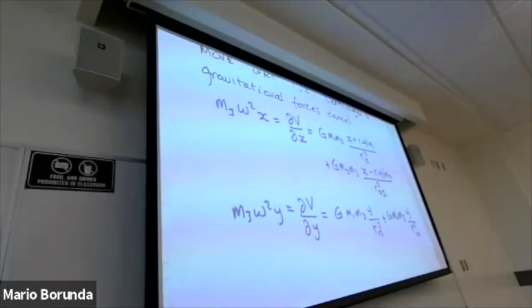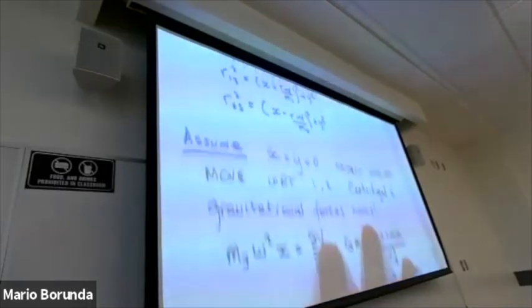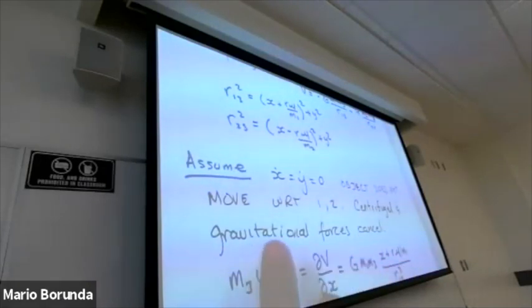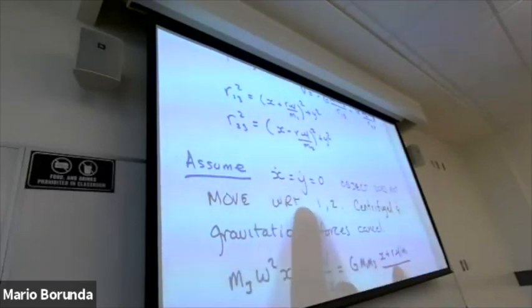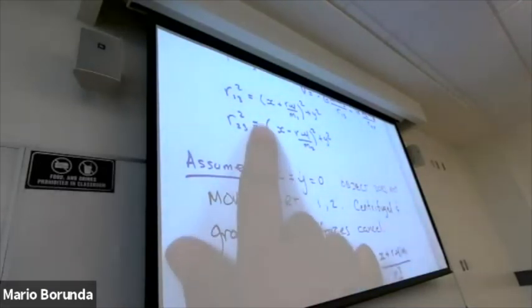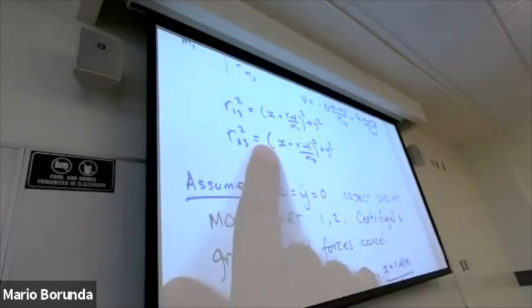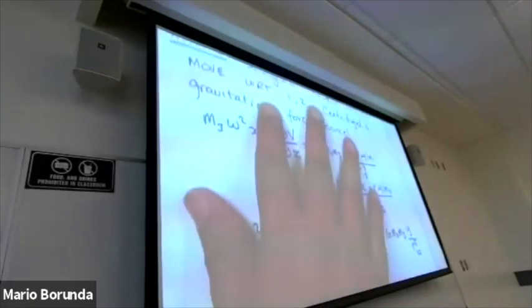So those two equations have 5 solutions. Let's look at those solutions. And remember, this term right here comes from expanding the r_13 and r_23 into these things, right? All right.